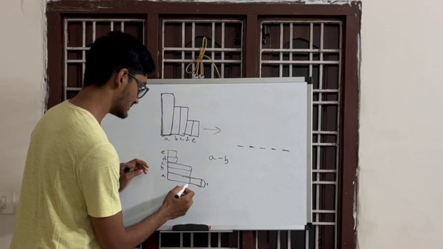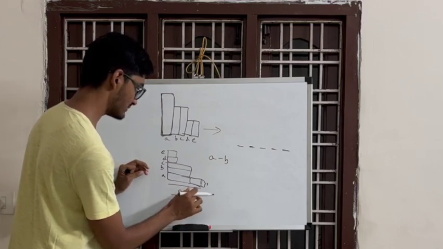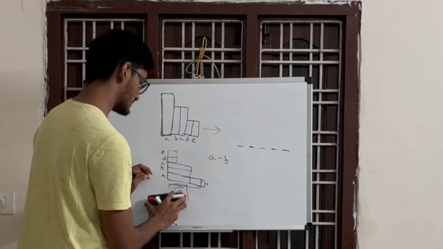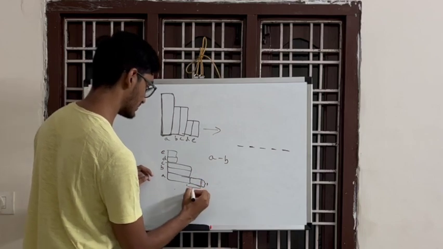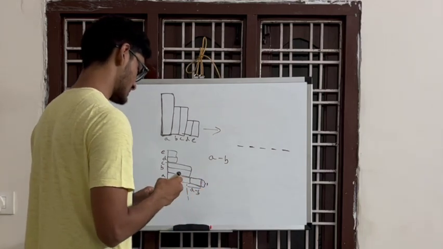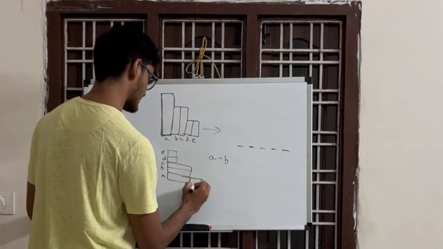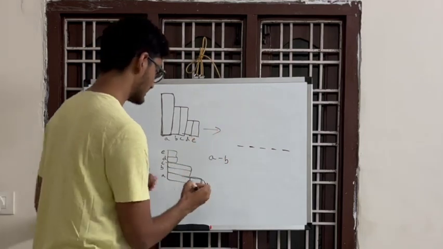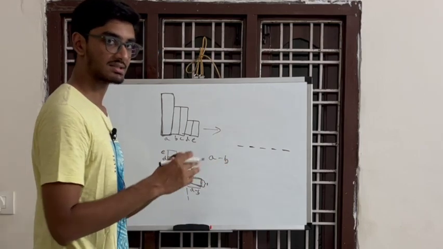Because this is A and this is B. If you want this length, you need to subtract B from A to remove this part, which we'll get by doing A minus B. Which means that the number of blocks of length 1 will be A minus B, right?